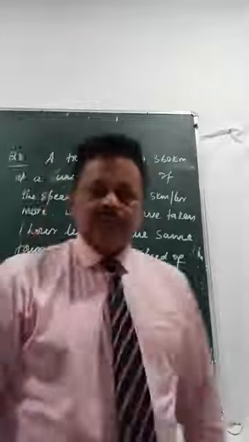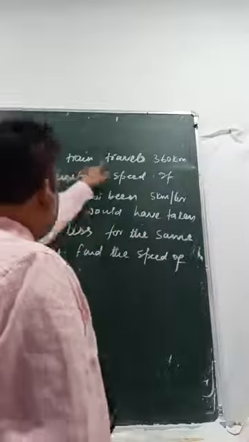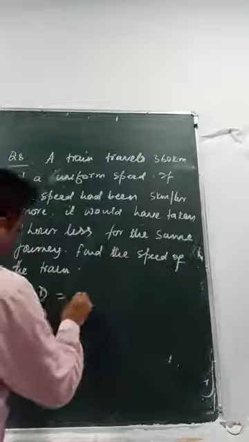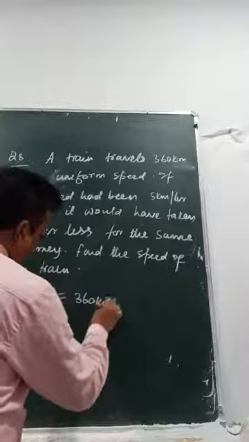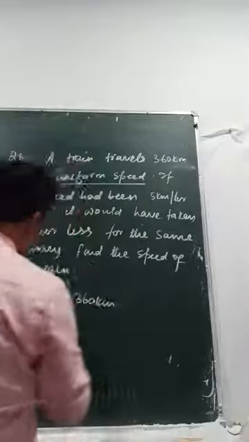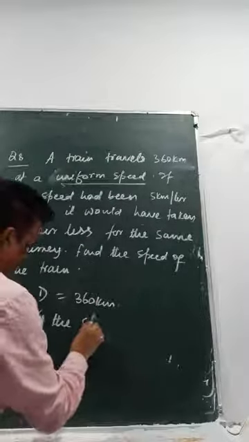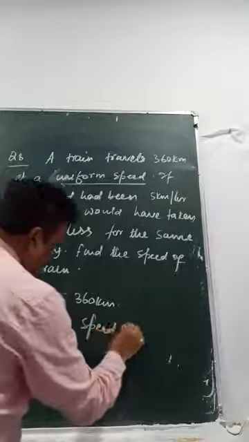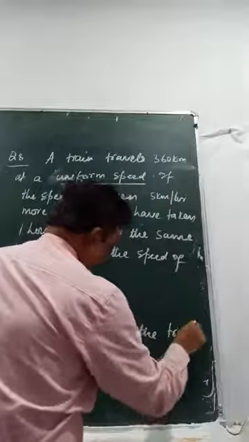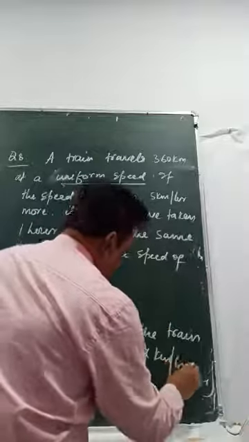Okay, see, this kind of question you will expect every time. Train travels, distance is given, 360 kilometers, uniform speed. Let the speed of the train equal x kilometer per hour.